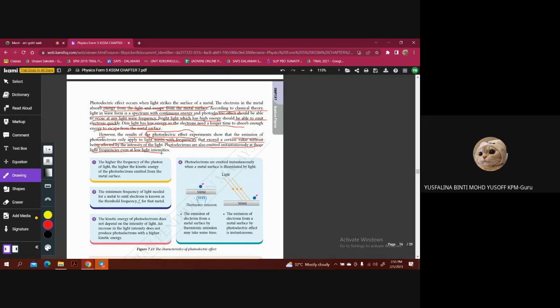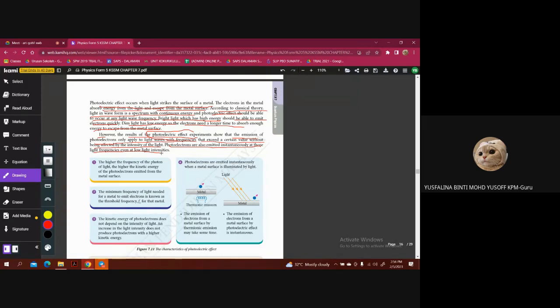But when we do the experiment of the photoelectric effect, let's say we give bright light to the metal surface, but the frequency is not enough, the photoelectron will not be emitted out. But if the intensity is low, meaning the light is dim, but the frequency is high, the photoelectron still can come out from the metal surface.